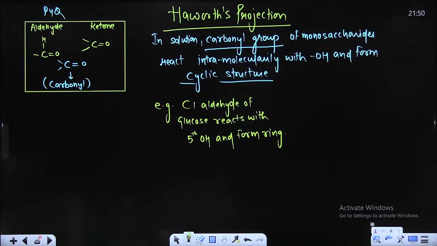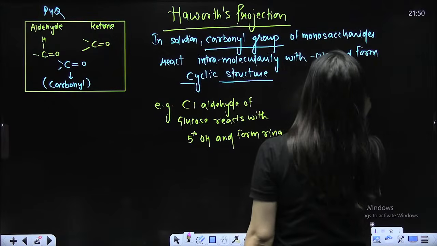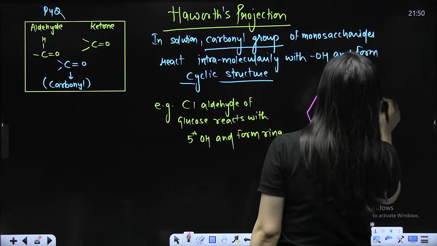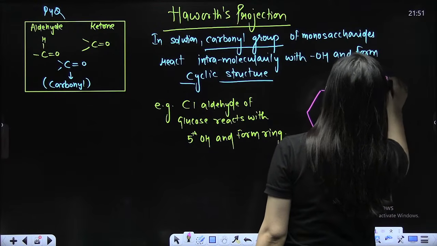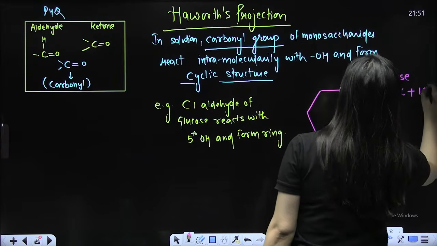There are two types of rings that you will see. Say one is this: this ring is pyranose. It has 5 carbon plus 1 oxygen.